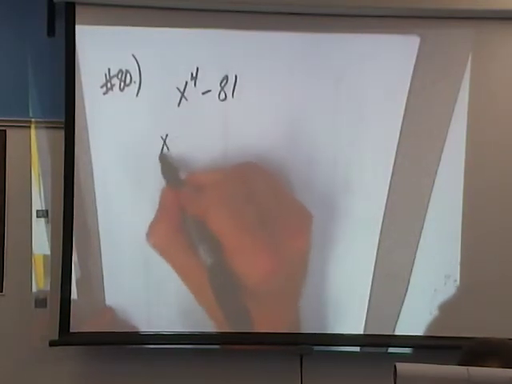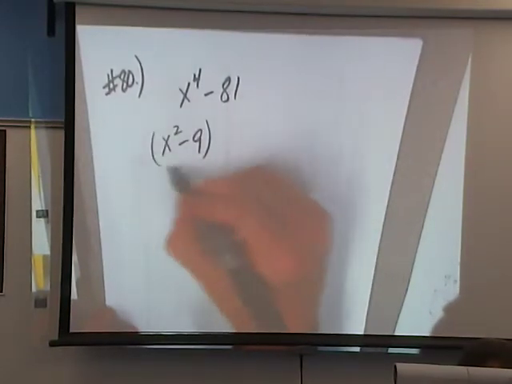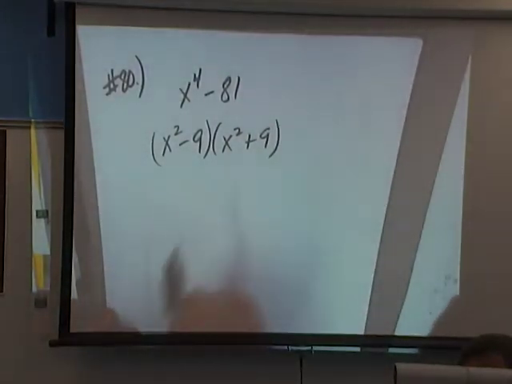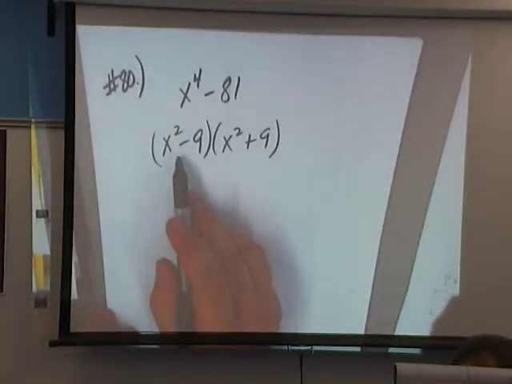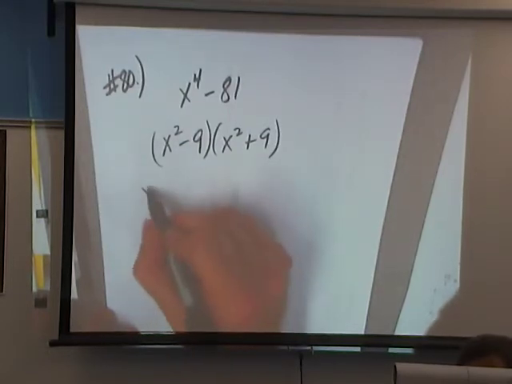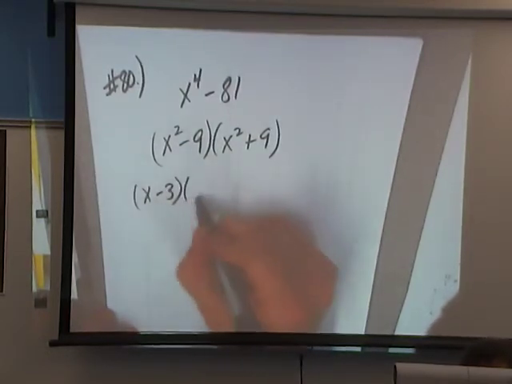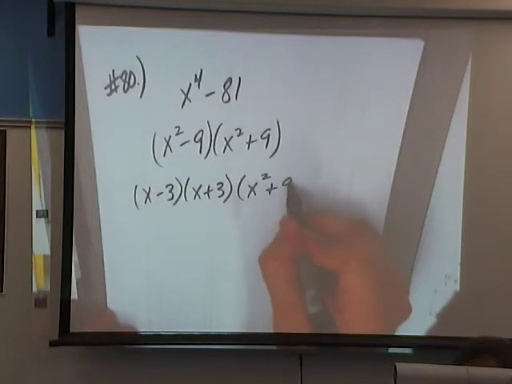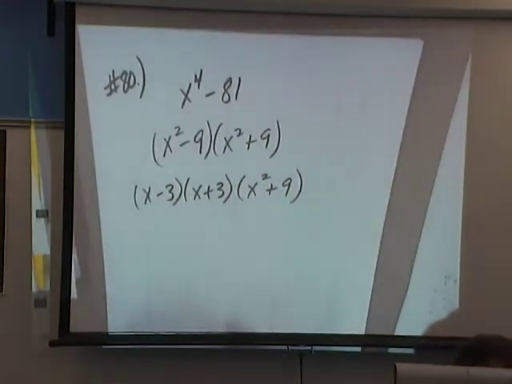So it'll factor into x squared minus 9 and x squared plus 9. This one here is the difference of two squares. It'll factor into x minus 3, x plus 3, and this you cannot factor, the sum of two squares. So it has to stay the same. So which is not a factor, it looks like it's b, right?